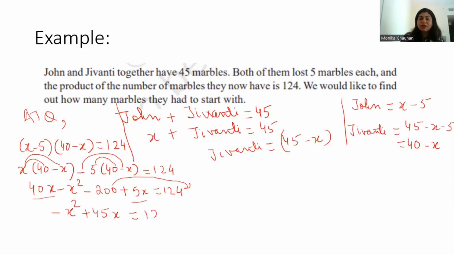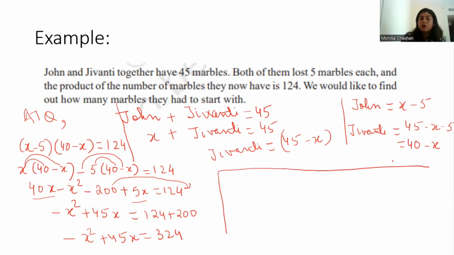So it becomes 124 plus 200, and what does it become? 324. So you have minus x squared plus 45x. Now, if you have to write it in standard form, the final answer looks like this: minus x squared plus 45x minus 324, because 324 will shift to the left side again.